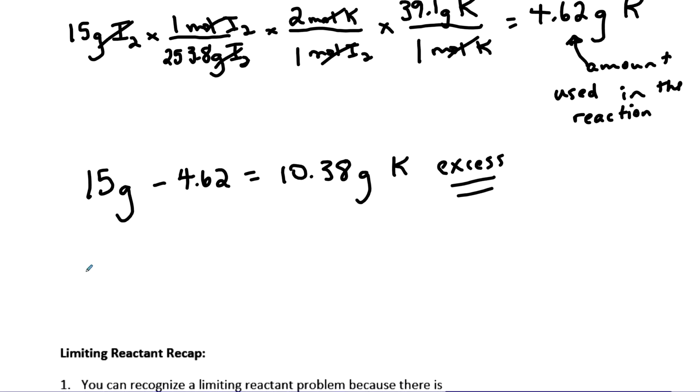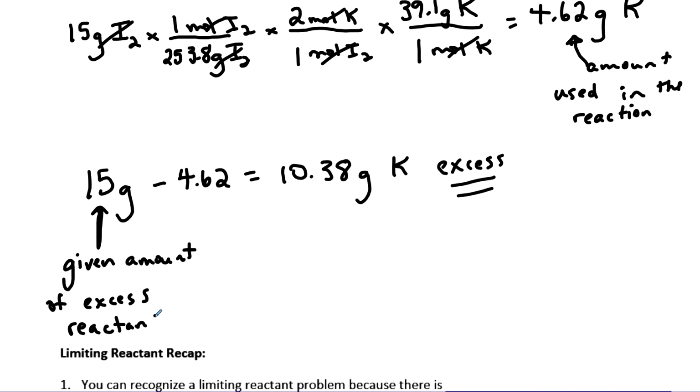So just so if you're looking back in your notes, you remember this. This is the given amount of excess reactant. That's always in the original part of the question. And you subtract from that, this value here is the amount of excess reactant actually used.